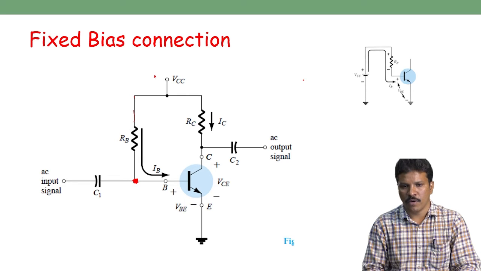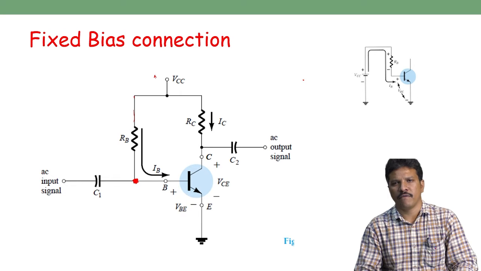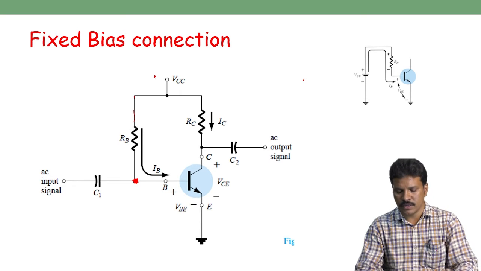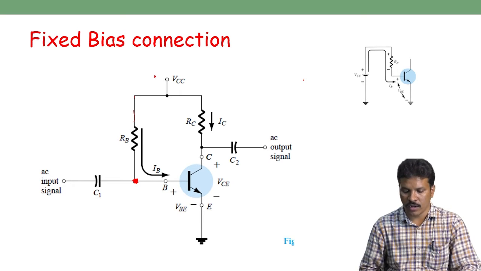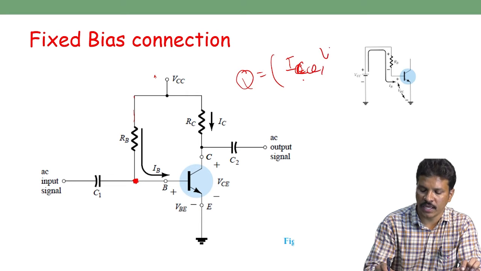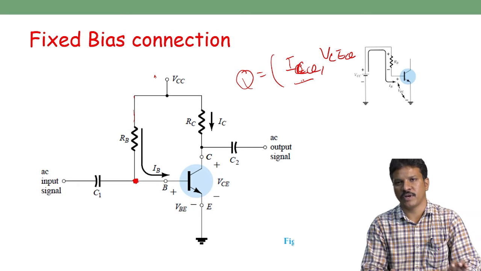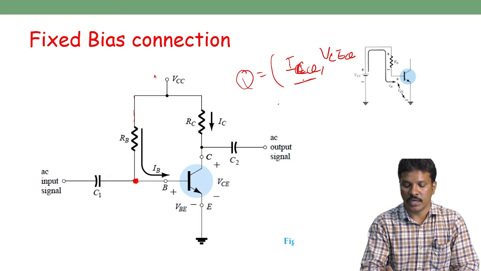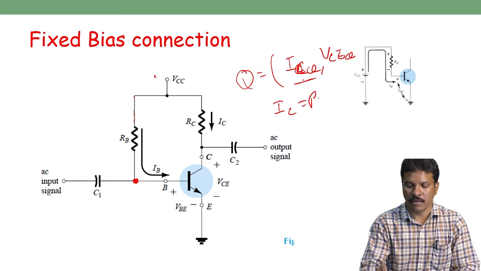We don't have the characteristic graph, so from mathematical analysis we can get the Q point. The Q point is nothing but ICQ, VCEQ. If you want to find IC for this particular diagram, IC is equal to beta IB.